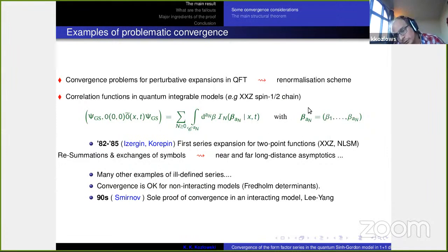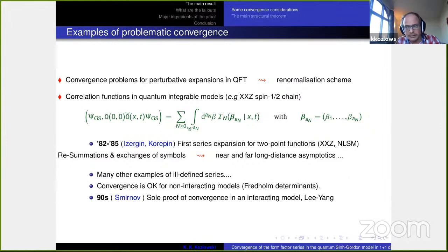Here I introduce one notation which I will use throughout the talk: letters in bold with a subscript indicate a vector of the dimensionality given by the subscript. The pioneers of obtaining such representations managed to obtain them for the nonlinear Schrödinger model and the XXZ chain.